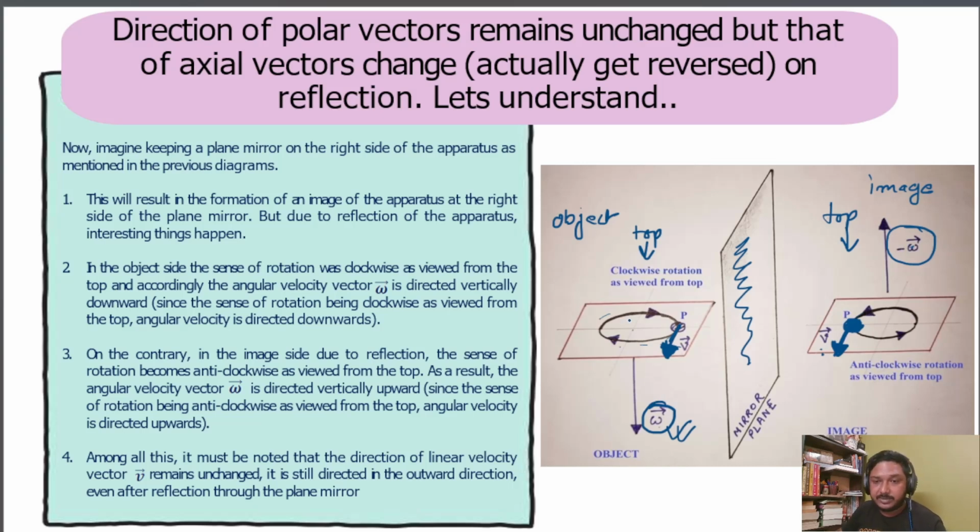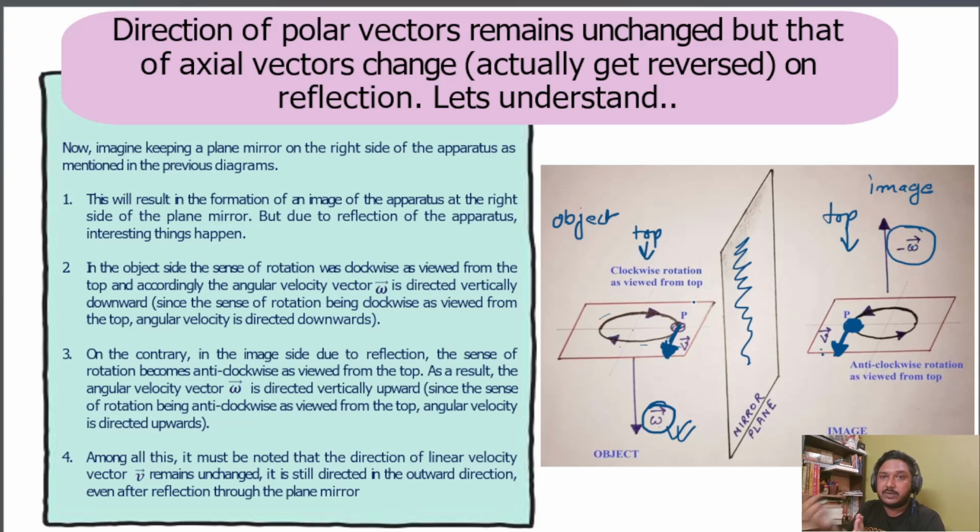So see what happens due to reflection of a rotating object. On the object side it appeared to be in the clockwise direction as seen from the top, and on the image side it appears to be in the anti-clockwise direction as seen from the top. So on the object side the angular velocity was pointing downwards, but on the image side the angular velocity is pointing upwards.